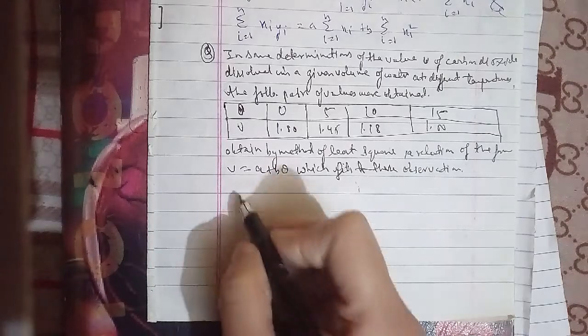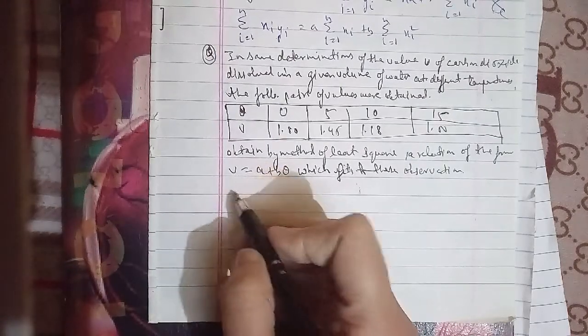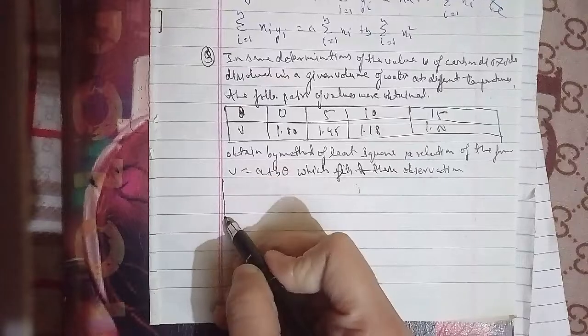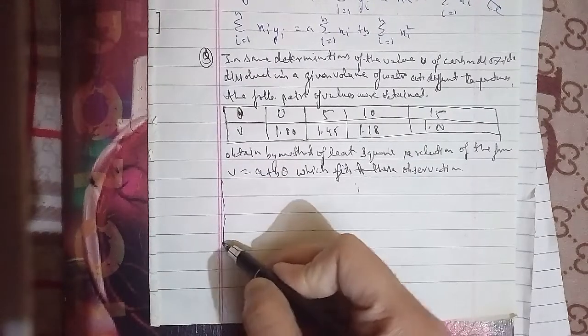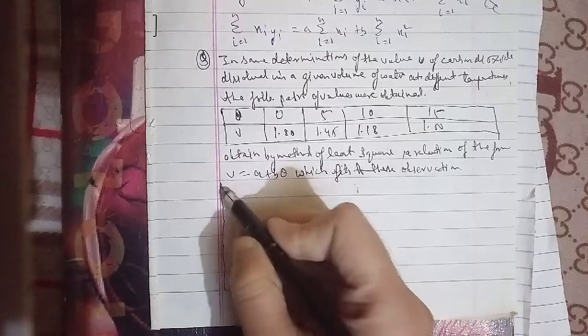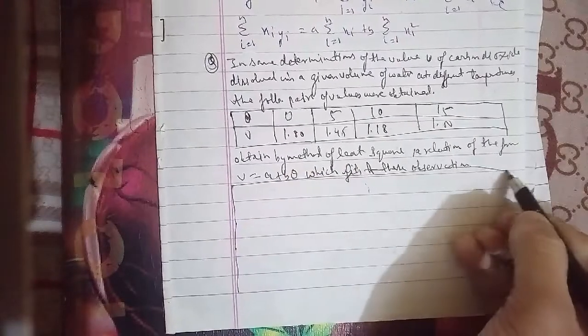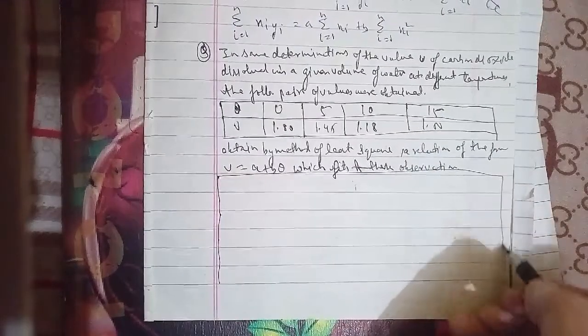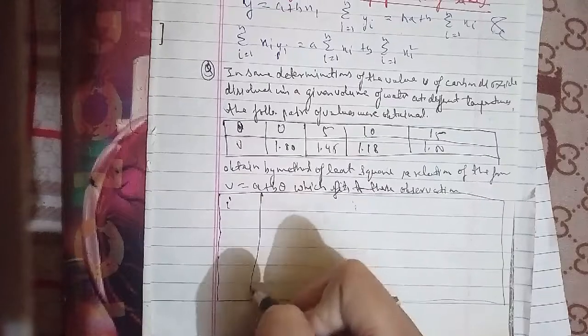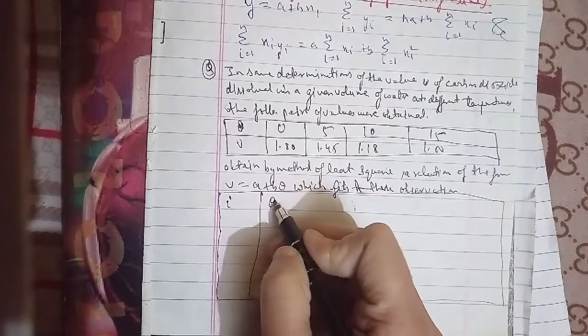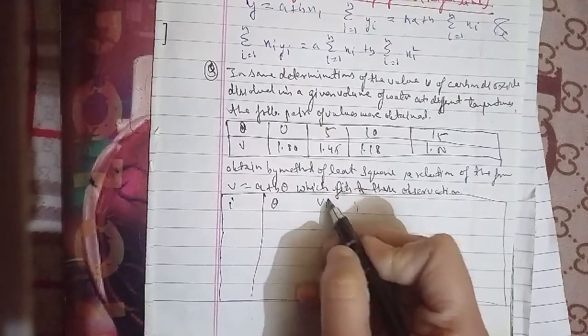This is for i, this is for theta, vi, theta i square, and theta i vi. For i, 1, 2, 3, and 4. So we go ahead.